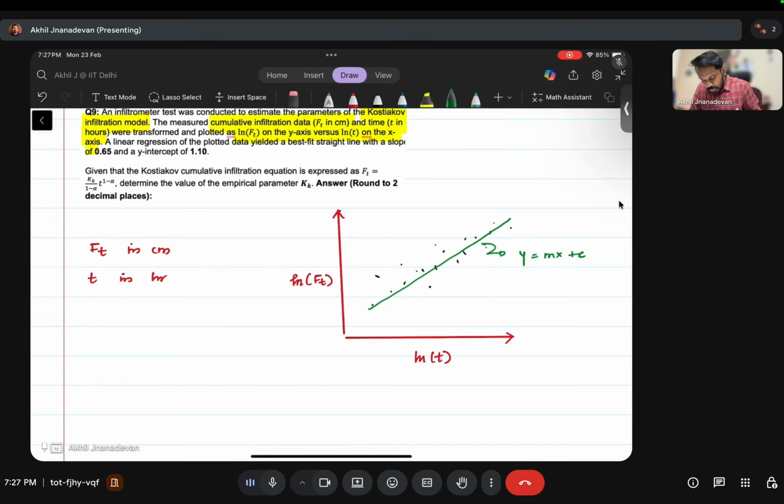So here ln Ft is equal to m into ln t plus c. c is nothing but this intercept, and the slope is m. So tan theta is equal to m.